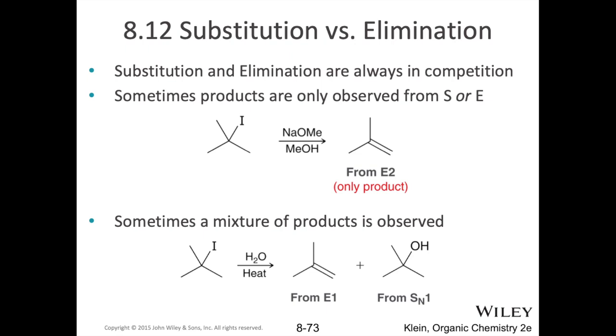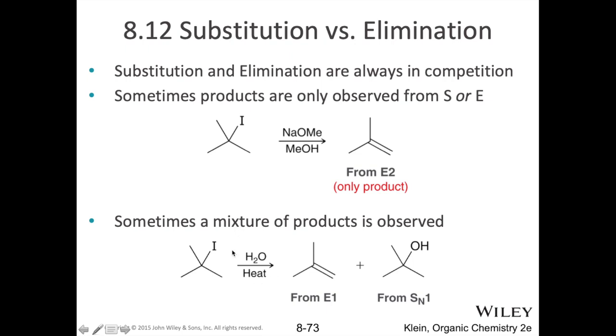Okay, so you need to basically watch out for the conditions you're running your reaction under. There are scenarios where you get only one type of product. For example, here we have this tertiary iodide. We reacted it with sodium methoxide in methanol, and we wind up getting only the elimination product via an E2 mechanism.